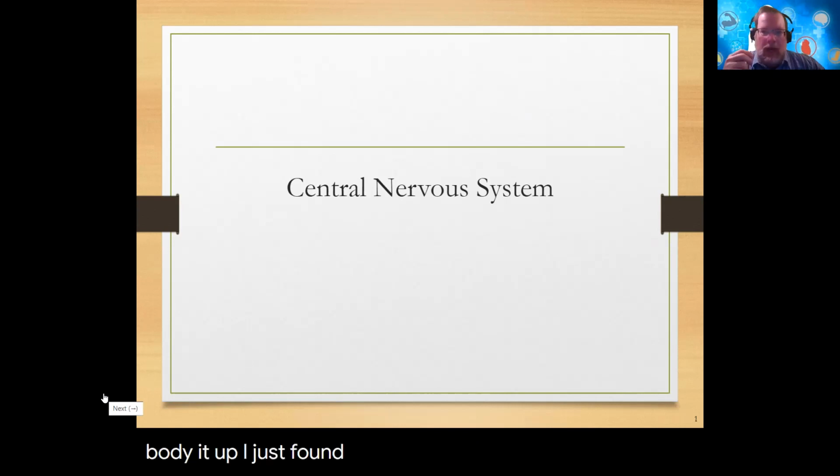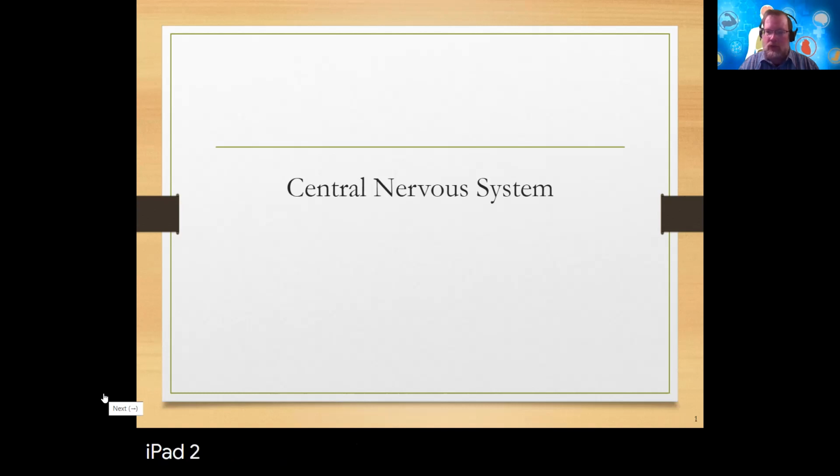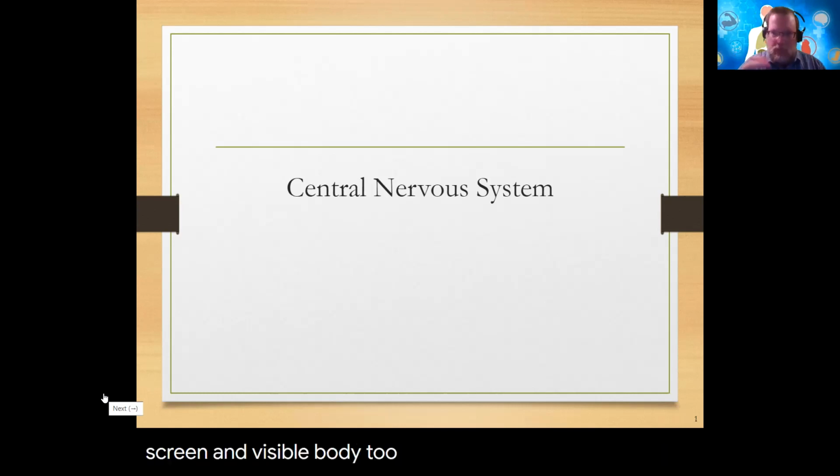I just found out, and I don't know if I'll be able to do this, if it's compatible, but in Zoom, obviously I'm sharing my screen. You can also share your iPad to the screen. And so I have the Visible Body app on my iPad, and I tried testing it out yesterday, sharing my iPad screen and Visible Body to the Zoom screen, and I got an error message.